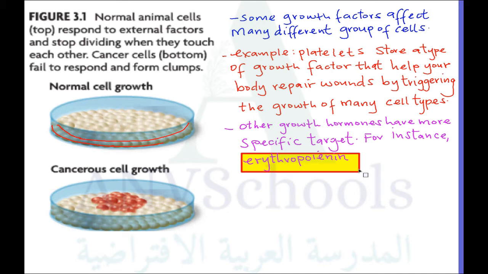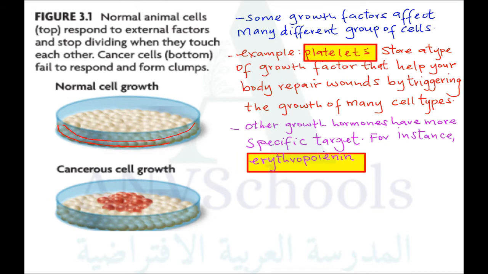We looked at the first one here, which was platelets. Now we have erythropoietin.